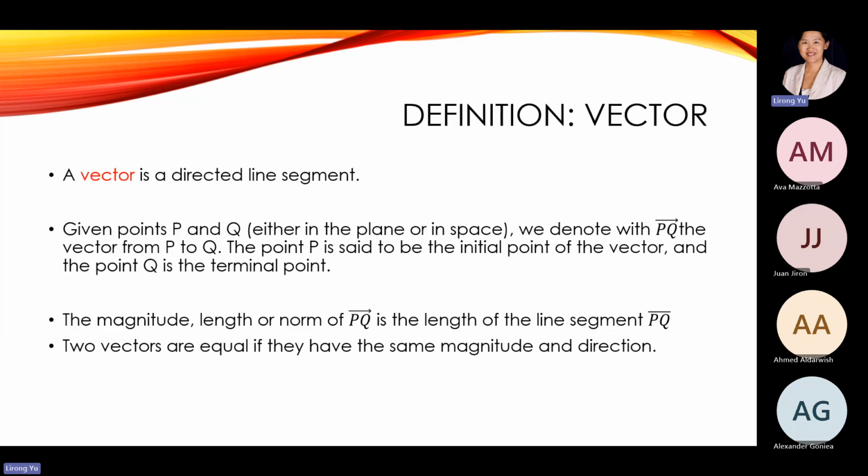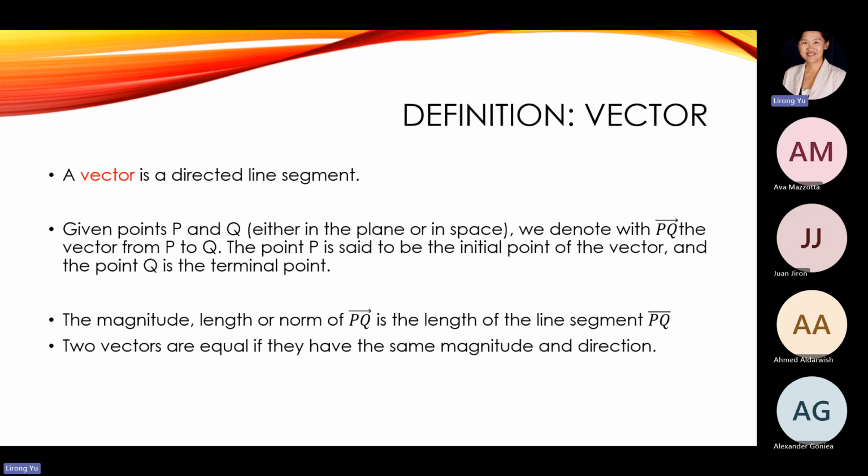Okay, so let's start with the definition. A vector is a directed line segment. This is not a purely algebraic notion. So we're defining it using a little bit of geometry when we determine the term, and then we are slowly moving on to using algebra to represent the geometric figure.